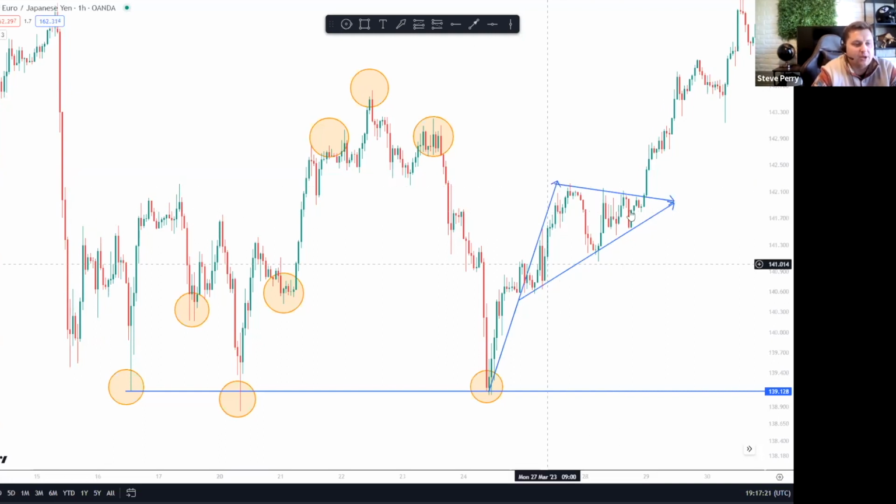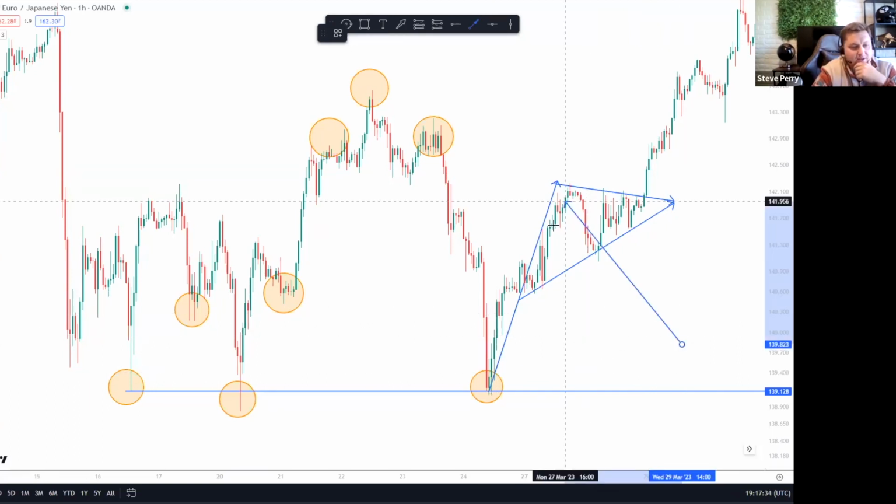So what's happening here? These are some of my favorite types of patterns. This one right here. Why do I like this pattern? So this is kind of cool because what's going on here is you've got a market that had a nice leg to the upside. So pretty bullish move, right? And then it follows this contraction. Now, what happens in this contraction is it's kind of coiling into a corner.